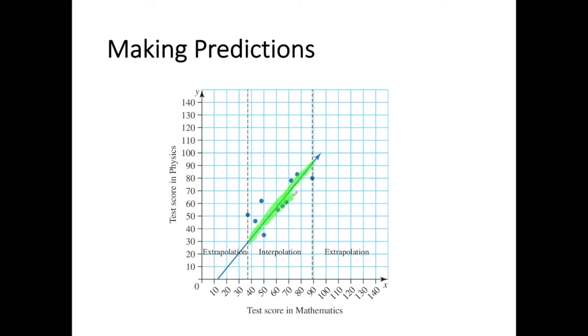So if we're making predictions for test scores between 40 and 90 in maths, those predictions are going to be considered reliable. If we are making predictions outside of that range, then we're extrapolating, and those predictions are not going to be considered reliable. So let's have a look at an example.